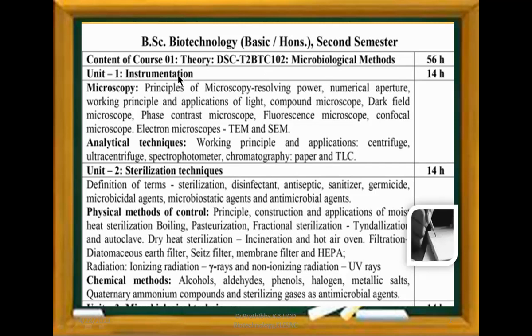Unit 1, instrumentation, where you are studying microscopy: principles of microscopy, resolving power, numerical aperture, working principle and applications of light, compound microscope, dark field microscope, phase contrast microscope, fluorescence microscope, confocal microscope, electron microscopes, TEM and SEM. Okay, all these different microscopes you are studying in your syllabus. Be familiar with those microscopes.